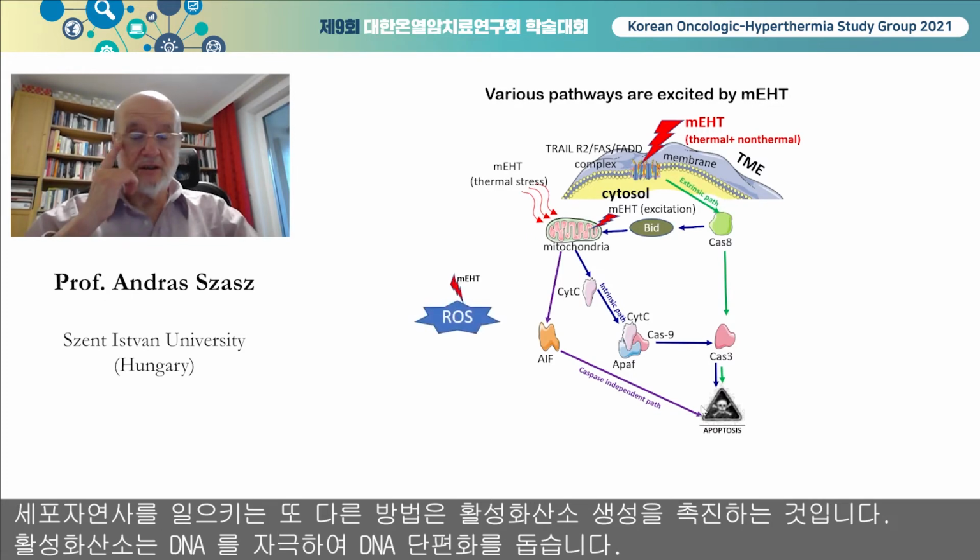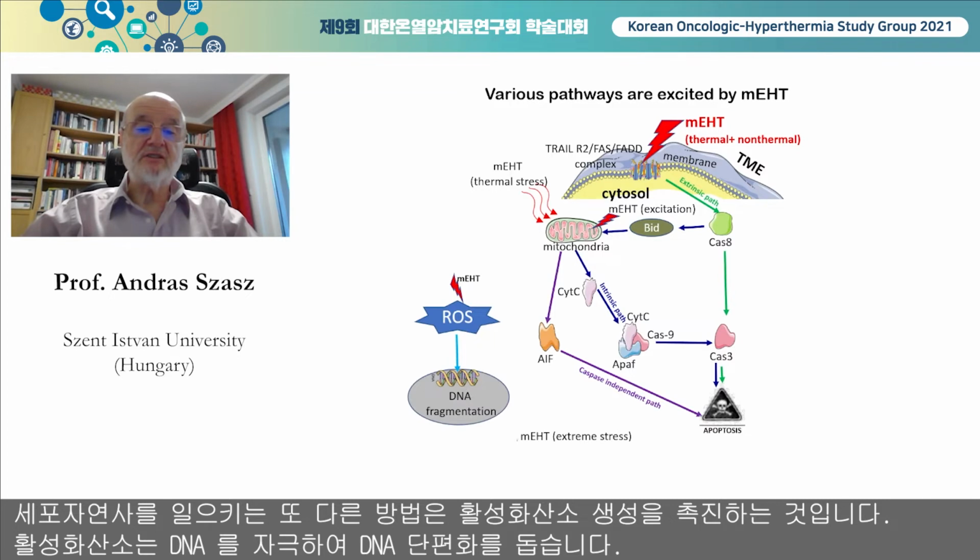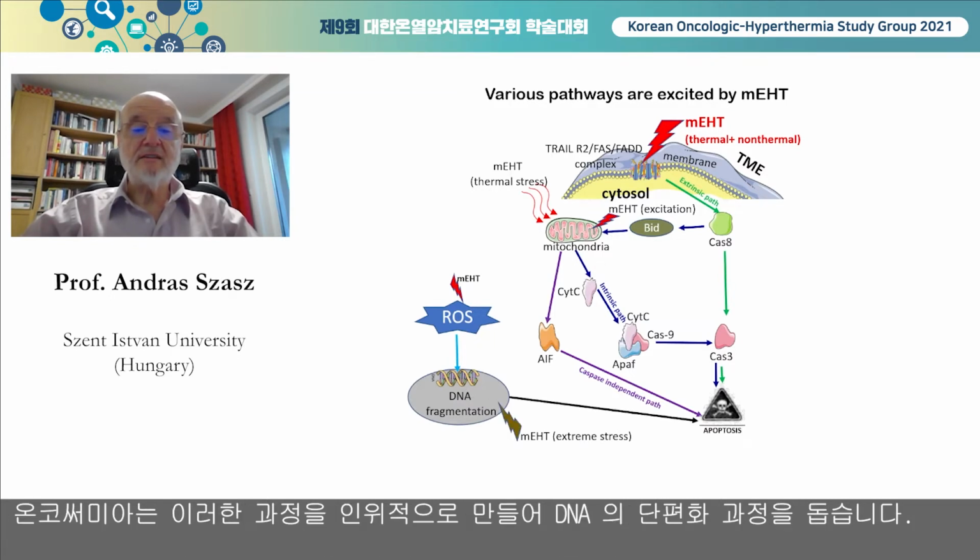The other interesting point is producing the ROS molecules, reactive oxygen species. You see that these are exciting the DNA and helping DNA fragmentation, and modulated electrohyperthermia also makes an internal fragmentation process to DNA.